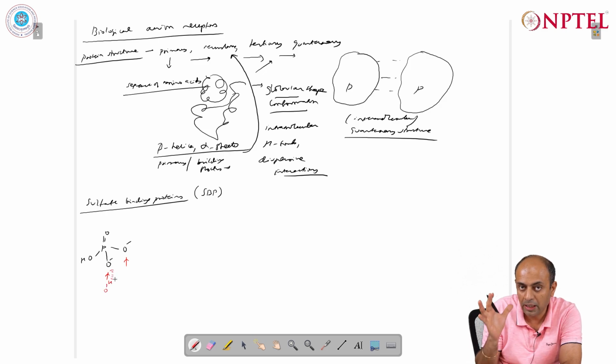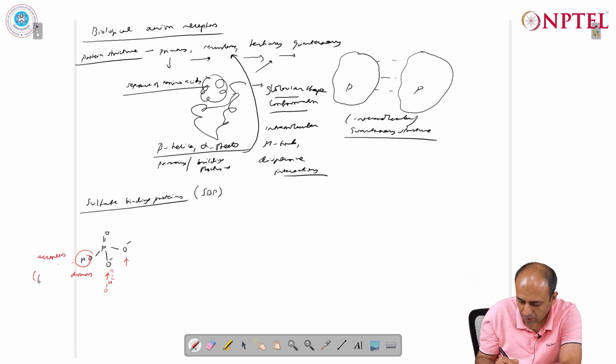So, protein structure has a large number of water molecules. So, these anions will get extensively solvated by the water molecules, and in turn these OH groups are the donors, they can now interact with the acceptors at different protein sites. Similarly, this is an acceptor.